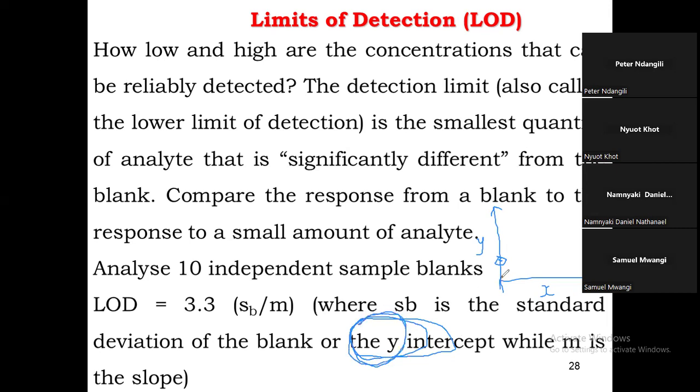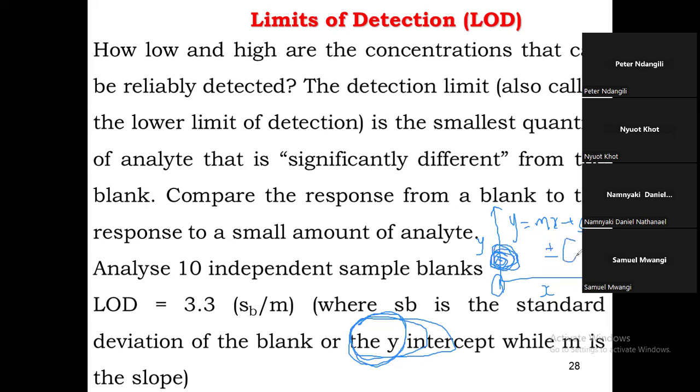The zero analyte concentration is where X is equal to 0, and X is equal to 0 is the Y-axis, and the value that you're going to read is the value at the Y-intercept. So when you have Y is equal to mx plus c, this C is actually the Y-intercept, and this Y-intercept is going to be associated with some standard deviations, plus or minus.